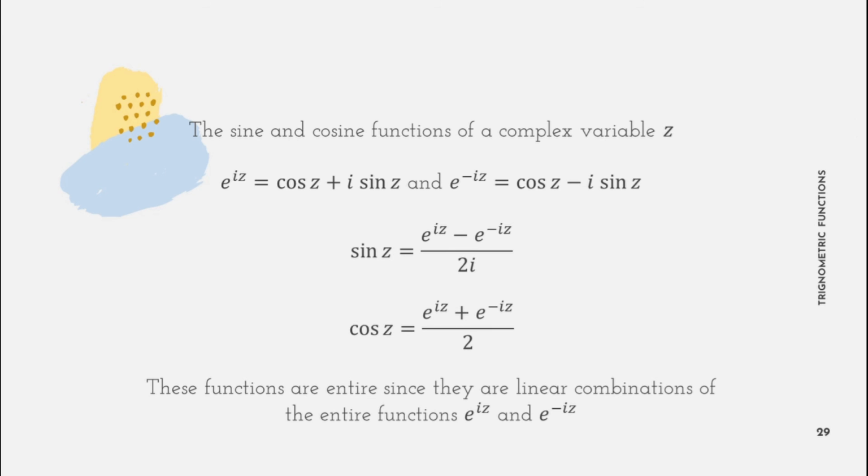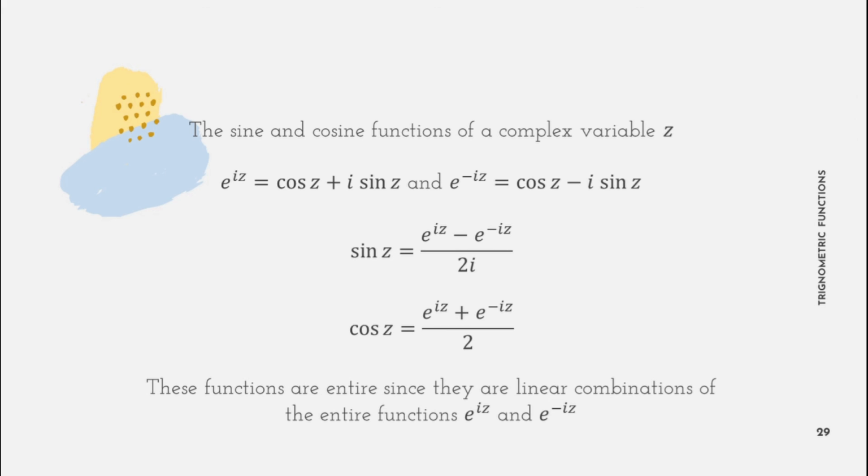For the sine and cosine functions of a complex variable z, exponential iz is equal to cosine z plus i sine z, and exponential minus iz is equal to cosine z minus i sine z.